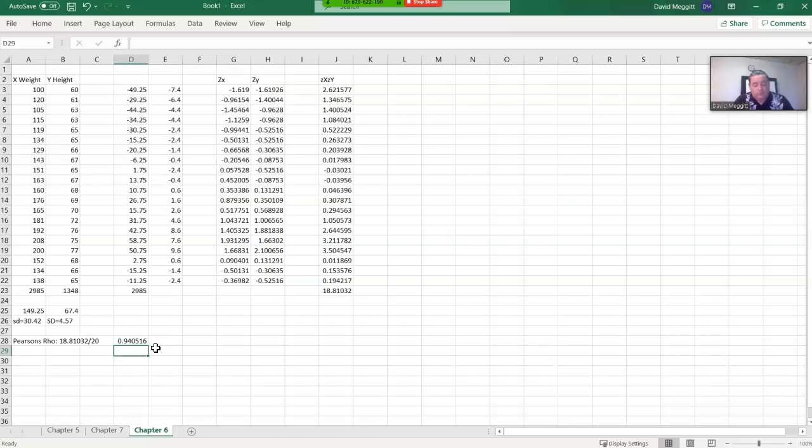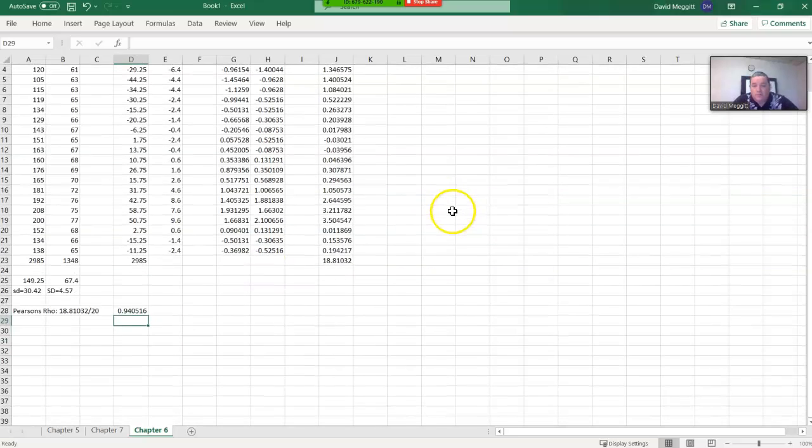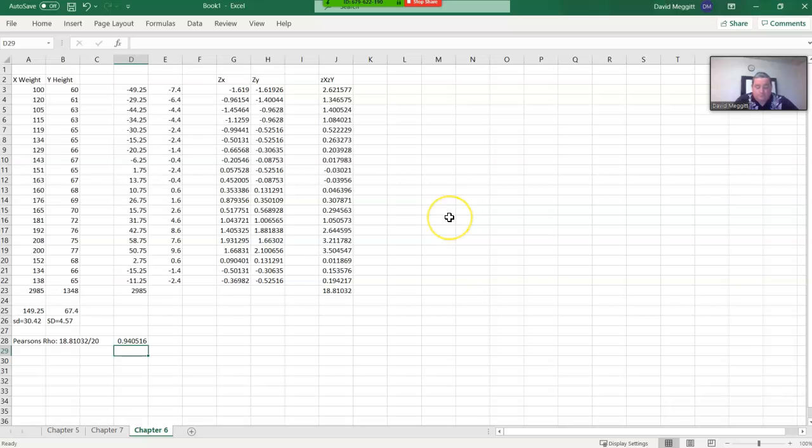Point biserial: one variable is interval or ratio, and one variable is nominal and dichotomous. It has to be nominal and dichotomous. And then phi, both variables are nominal and dichotomous. So those are the different formulas to use for this data.